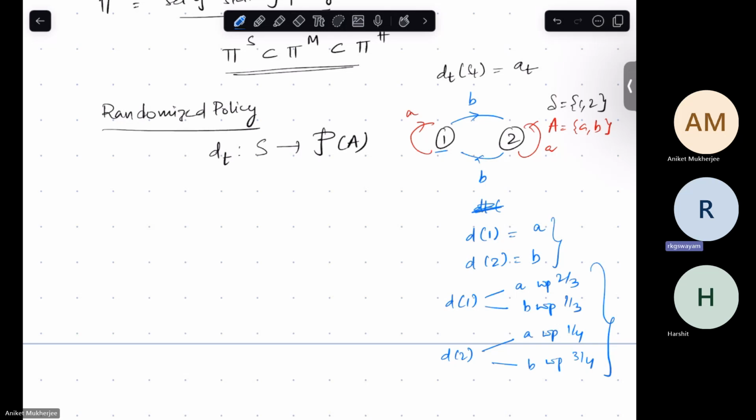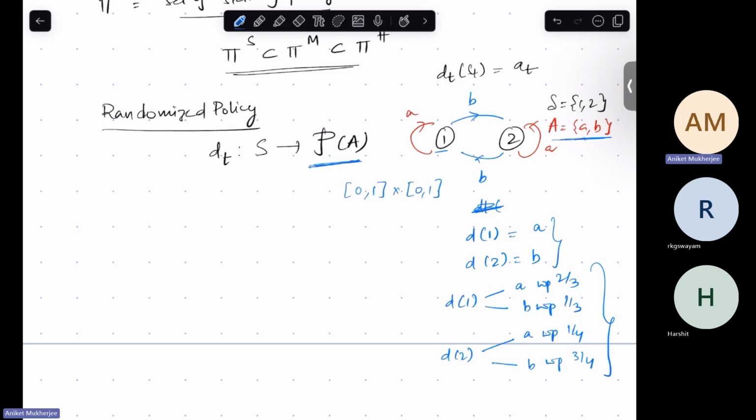Here, P of A stands for the set of probability distributions over the actions. My A set is the set of A comma B. When I denote this, it means all the probability distributions over this set, which would be 0 comma 1 cross 0 comma 1.